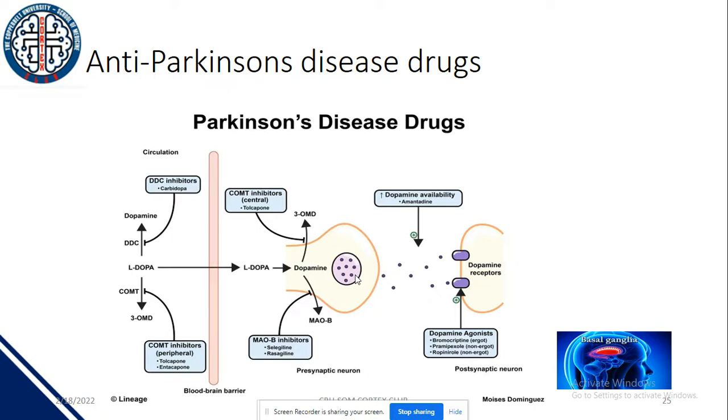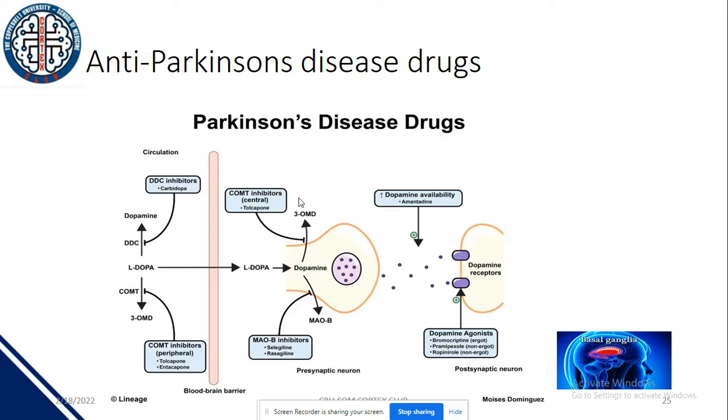Now, inside, we don't want dopamine to be converted by monoamine oxidase B, MAO-B. And we also don't want dopamine to be converted to 3-OMD. I'll write the meaning of these words in the next slide.